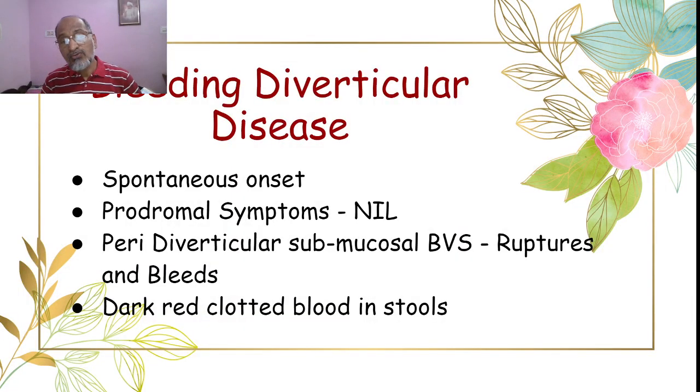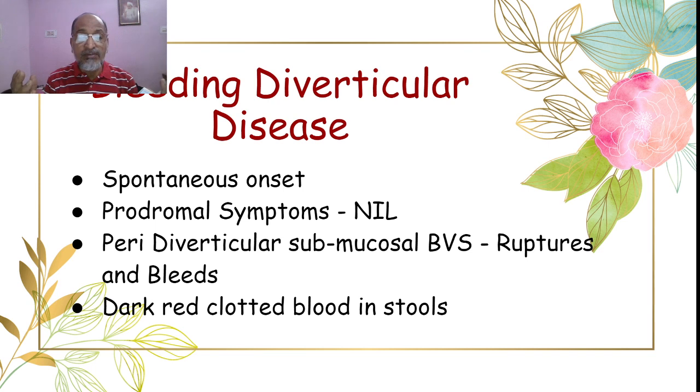And the fourth one, which is important and frightening to the patient, is the spontaneous onset of bleeding. The patient finds that his stools have dark red blood which is clotted. And there are no prodromal symptoms. Earlier, the patient was perfectly all right.